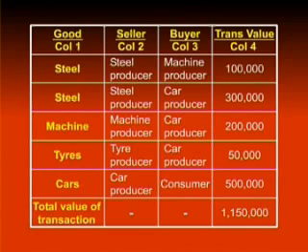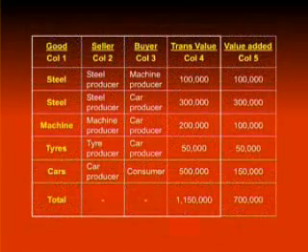So in the buyer's column, you could have all the firms which could be interested in buying the products that the sellers are selling. And then finally, in the fourth column, we had the transaction value of each of these transactions. Now we can add a fifth column immediately, which could be relating to value added.